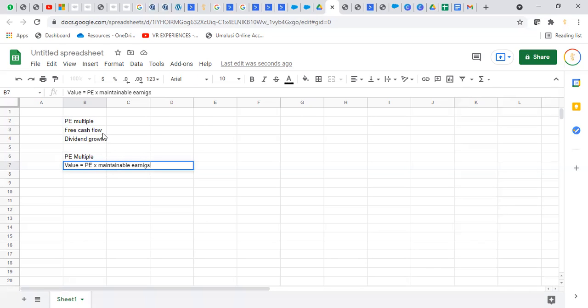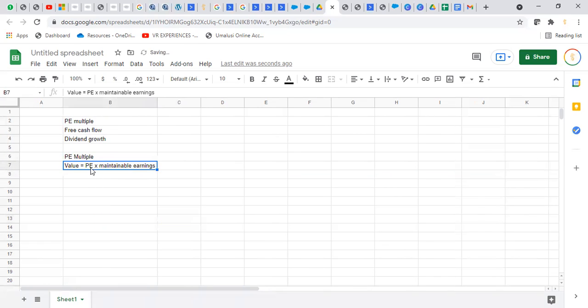What you should know is that the PE will generally be a PE from a comparable company, and then you must make adjustments to it in order to get to an adjusted PE multiple. The adjusted PE multiple is what you want for your company.